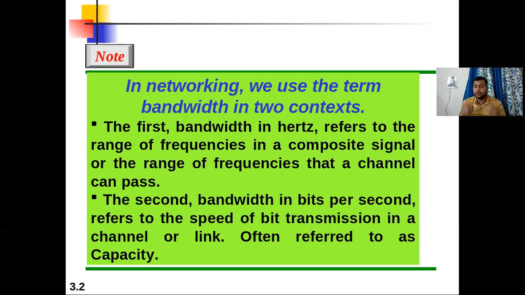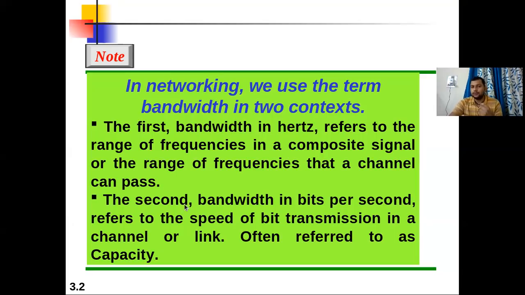Though there is a relationship, because when you transmit, you convert your signal into electromagnetic waves. So what is the speed at which you can generate those electromagnetic signals which your medium can withstand? From there comes how many bits per second you can transmit over that wire. That is the second way of understanding. Electronics people, those who deal with electronics, generally deal with it in terms of analog frequency bandwidth.